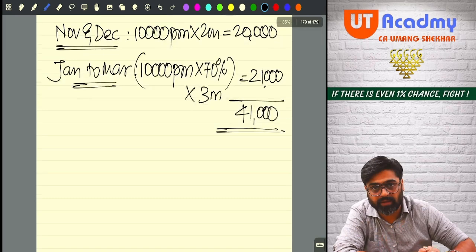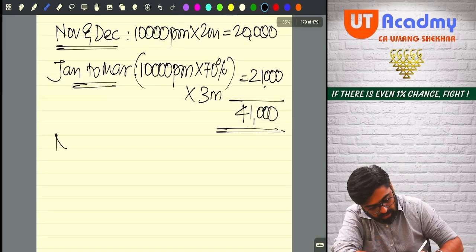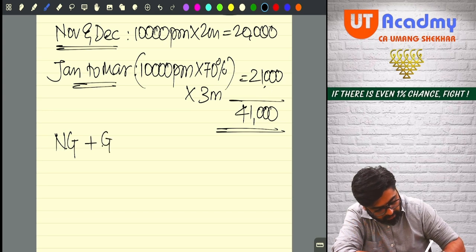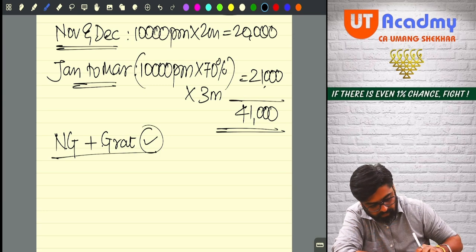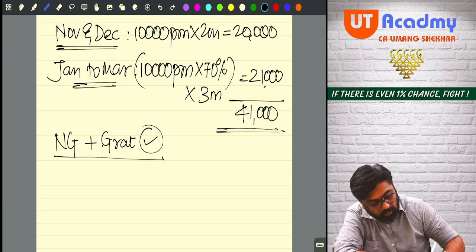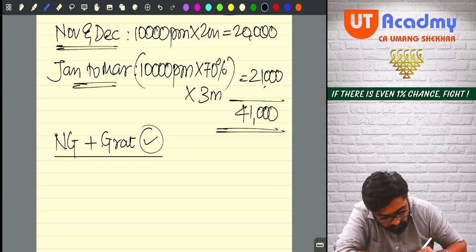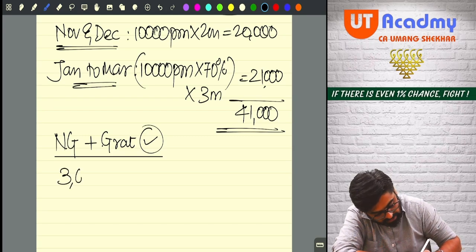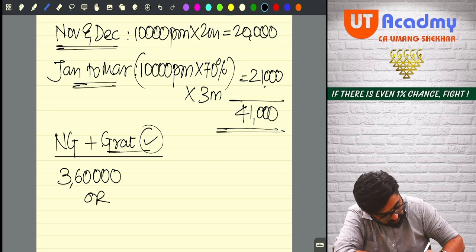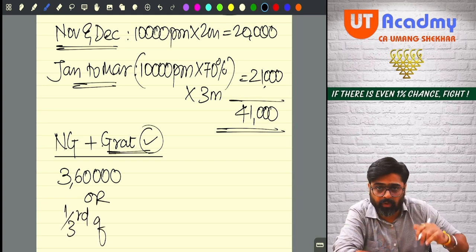Now pay attention. He is a non-government employee, plus he is receiving gratuity also. So how much will be exempt? Come on, tell me how much? Either 3,60,000 or, if he is receiving gratuity, I will have to do one third of fully commuted pension.